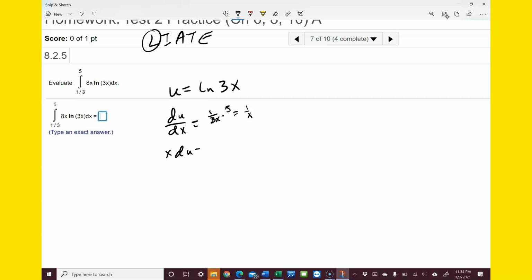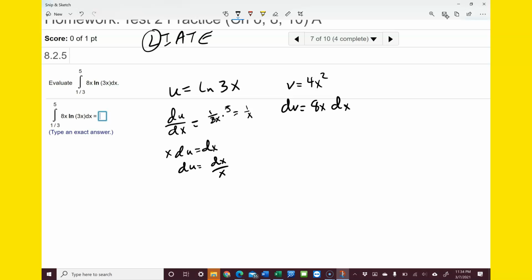So x du is dx. So du is dx over x. dv is 8x dx. So v is going to be 8x squared over 2, which is 4x squared.